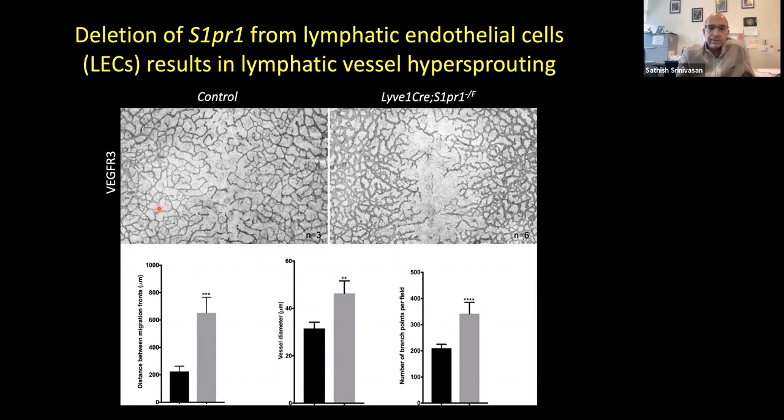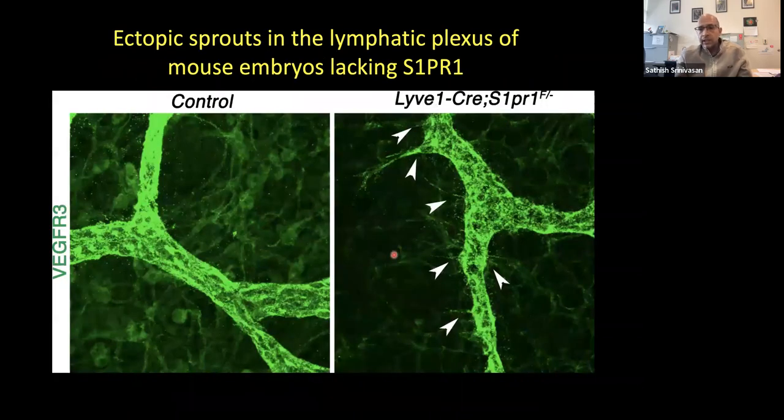Whereas in this particular mutant, the vessels have not reached the midline, but instead the lymphatic vascular density is dramatically increased. There are more branches and the diameter of the lymphatic vessels is substantially increased in these mutant embryos, which we have quantified here.